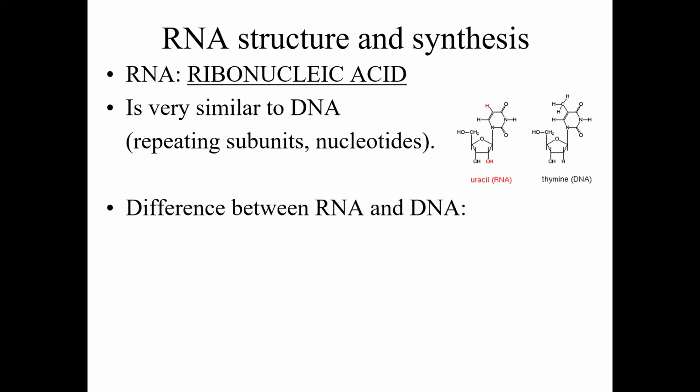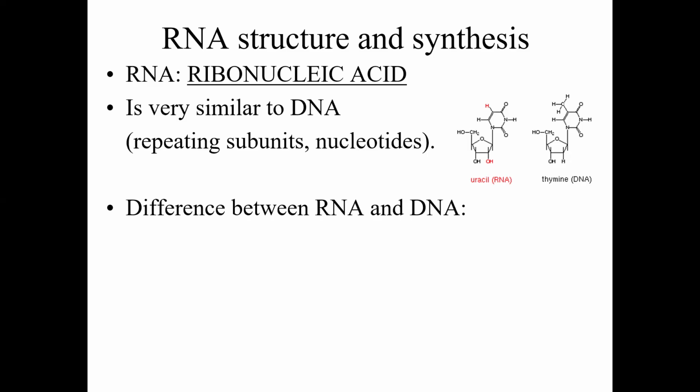In terms of functions, DNA functions in storing and transmitting genetic information, and it is primarily found in the nucleus of cells, and replication takes place to ensure genetic continuity during cell division. While RNA plays various roles in protein synthesis and regulation of gene expression, and it can be found in the nucleus and also in the cytoplasm of the cells.